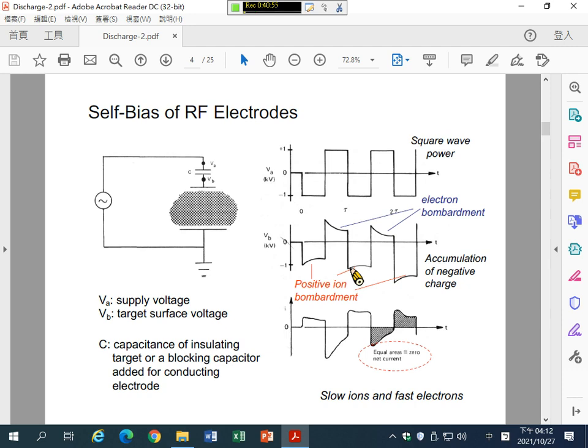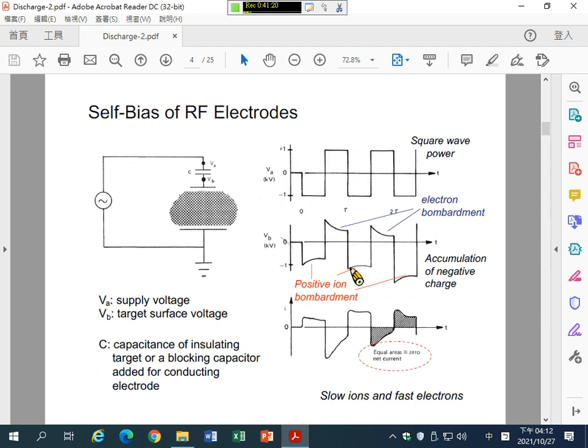So the surface will not keep charging up, but rather it will become a stable condition. This is the analysis of the RF system if one uses a pulse or square wave power supply.